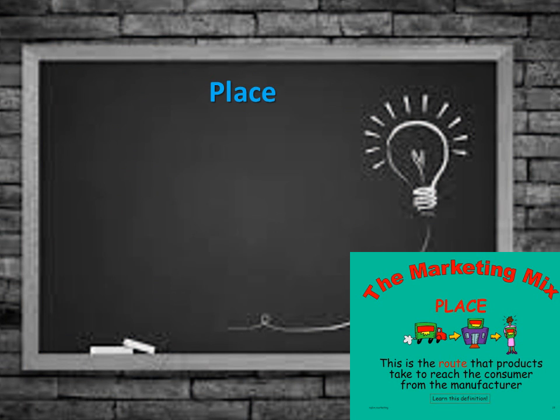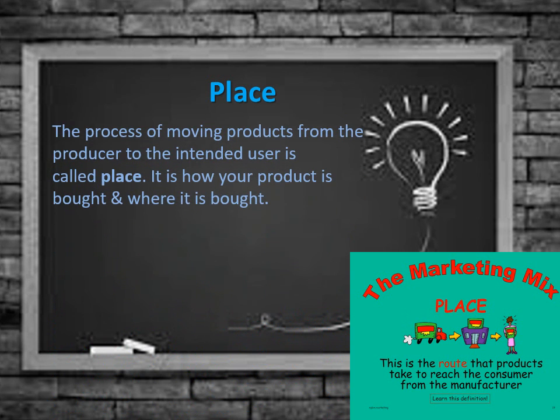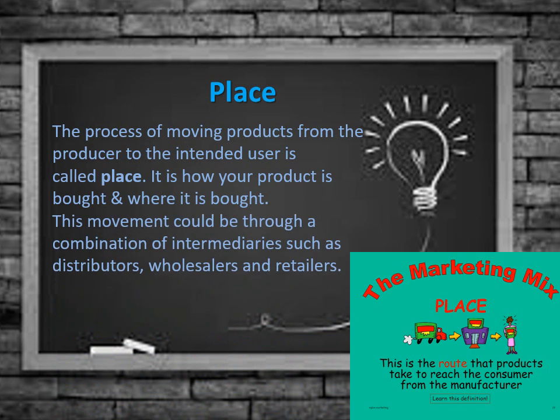After price, we move on to the place. And as this graphical representation highlights, the place means you have to move the manufactured product from point A to point B, which is the retail place from where the consumer is actually going to buy the product.